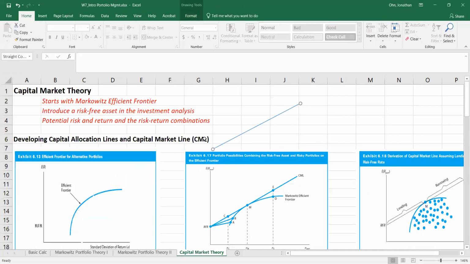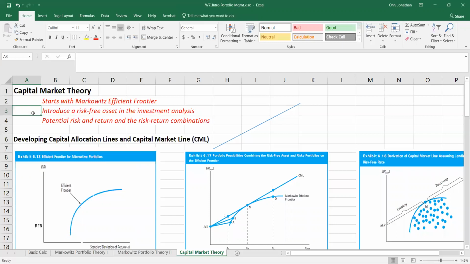Capital market theory. Capital market theory is an extension of Markowitz portfolio theory. All right. So capital market theory starts with the Markowitz efficient frontier and, of course, the Markowitz efficient investor. In addition to that, this theory introduces the existence of a risk-free asset in the investment analysis.